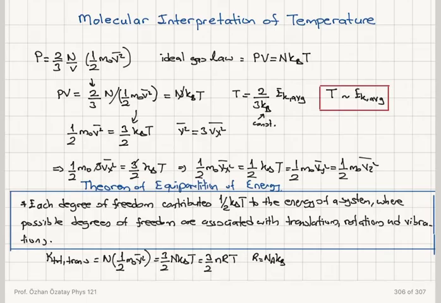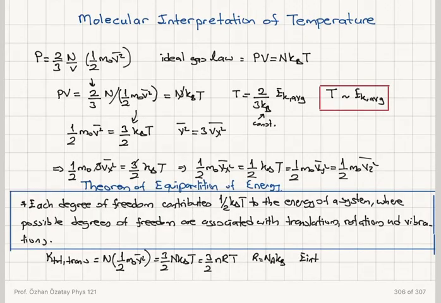And if this is a monatomic gas, that means we have only translational degrees of freedom, and the internal energy, remember, is just a measure of the translational, rotational, and vibrational kinetic energies of the atoms when viewed from the center of mass reference frame.